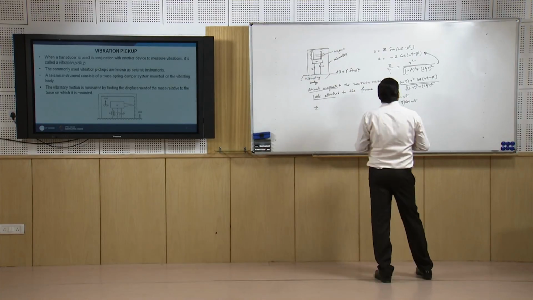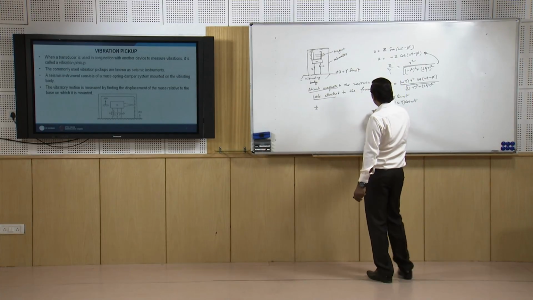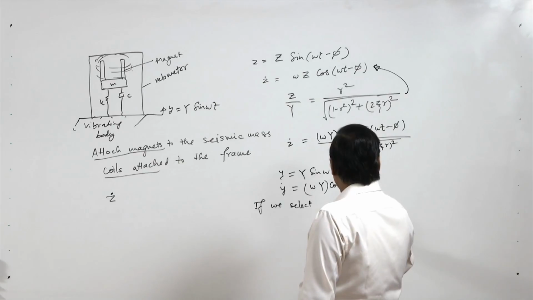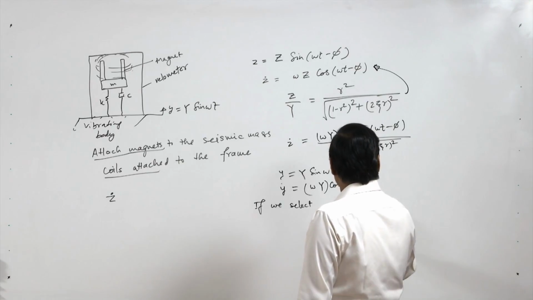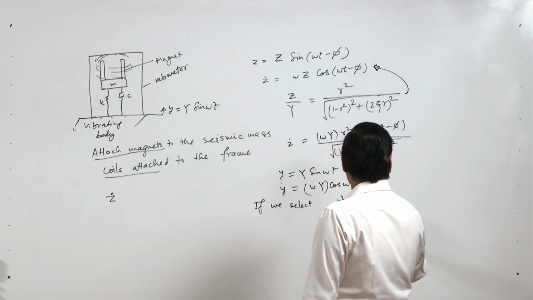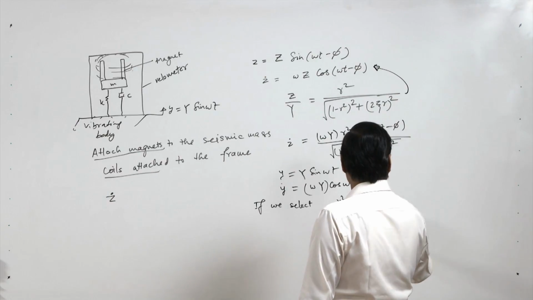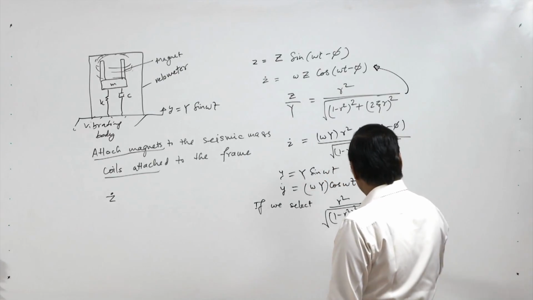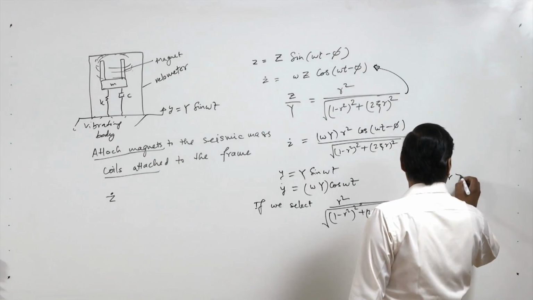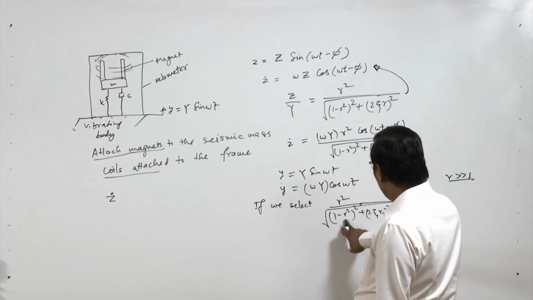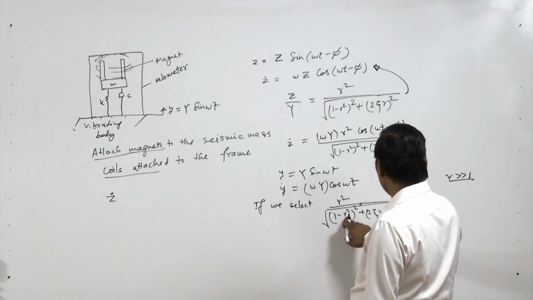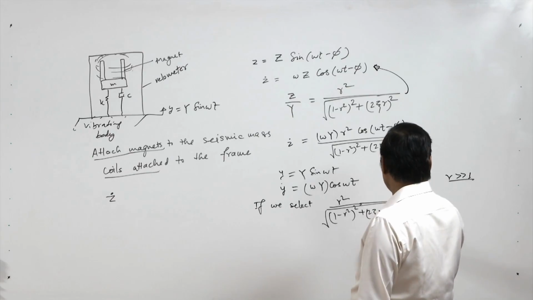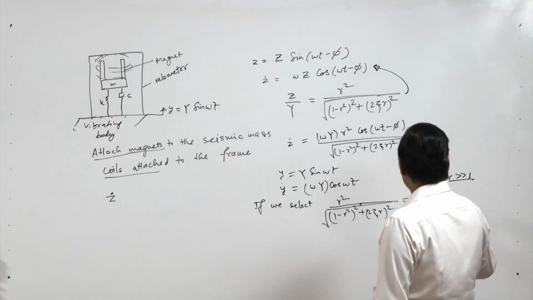So if we select R square by the square root of 1 minus R square whole square plus 2 zeta R whole square approximately 1, this is possible for R much greater than 1, because then we have R power 4 under the root, since we can neglect 1 and also the other term, and so R square by R square is about 1.